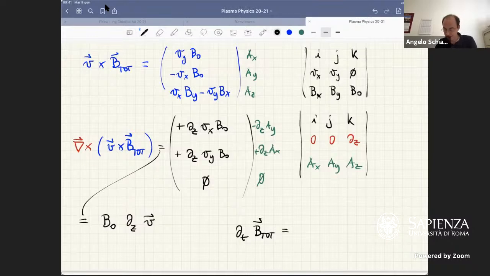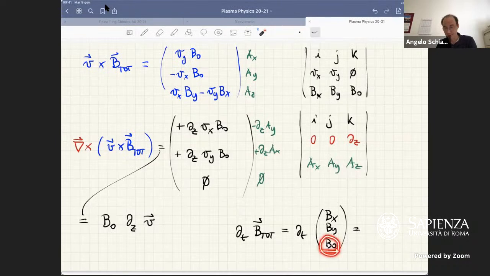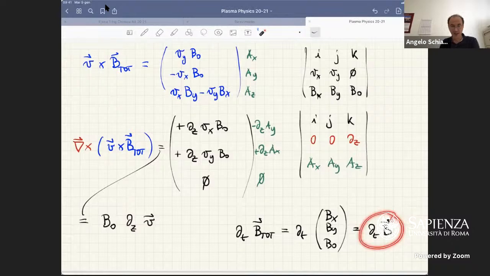So this is the derivative with respect to time of Bx, By, and B naught. Since B naught is by hypothesis a constant, this term is 0, and the derivative in time of B dot is just equal to the derivative of the wave part of the magnetic field.